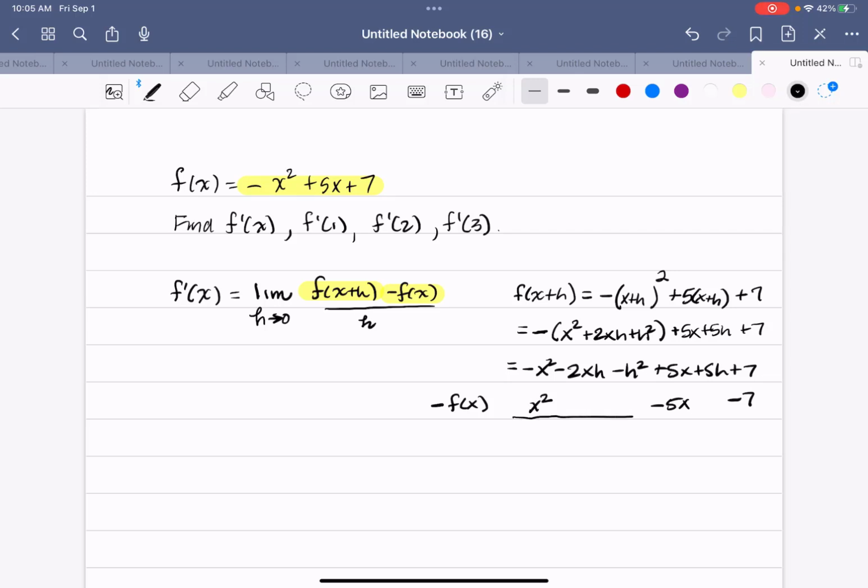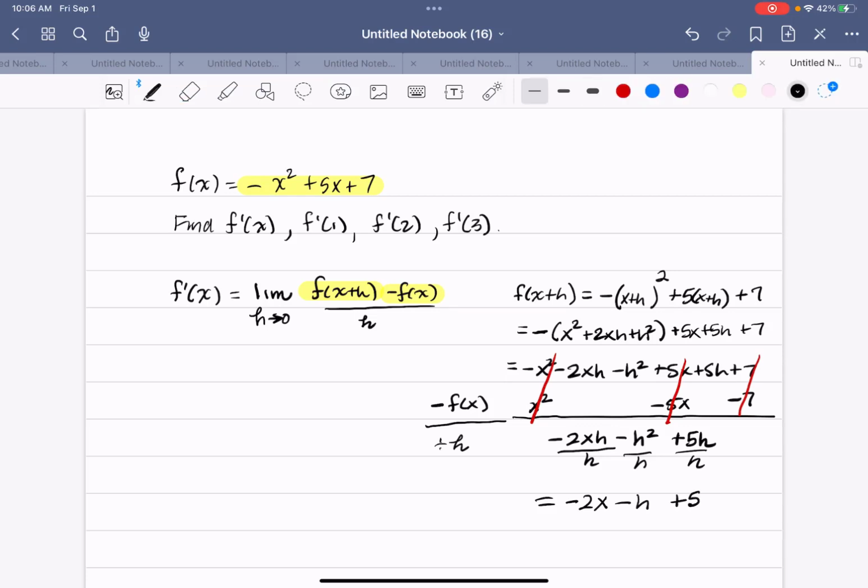So what happens is every time you do this, the original function terms should go to 0 because you're taking out all of the original function terms, and what's left should have an h in every term if it's done correctly. So we have an h left in all of those terms. Now we're supposed to take this and divide it by h. So I'm going to divide each of these by h. And those are going to reduce to minus 2x minus h plus 5.